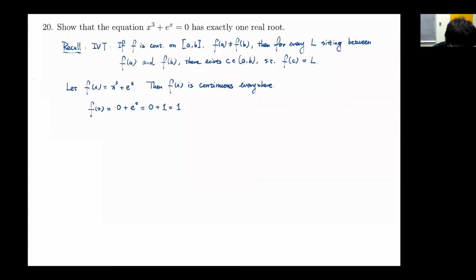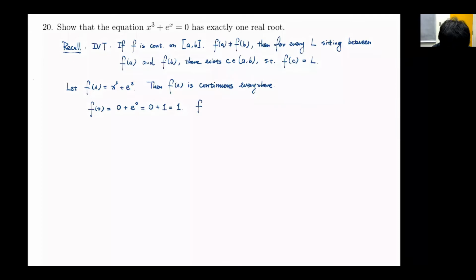So it's necessary to choose x less than 0, because if x is greater than 0, x cubed is positive and e to the x is always positive, so we would only get a positive number. The simplest negative number to use is x equals -1.